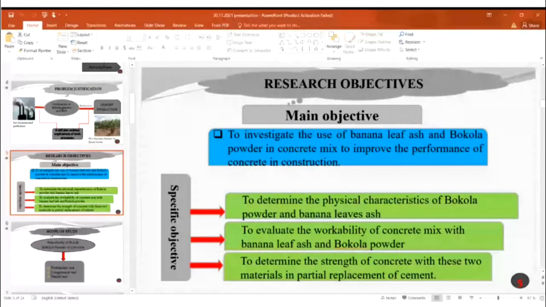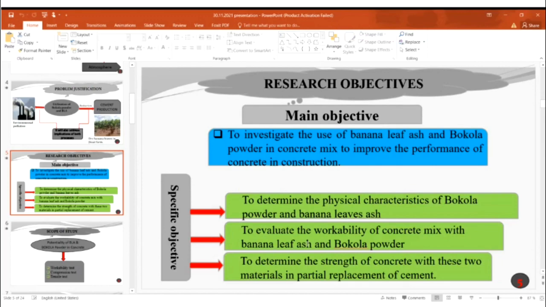The first one, the physical, you are talking about physical characteristics, not even mechanical. Then we come to workability, so we move to concrete. So I believe it's better to get a more convincing gap. The gap you are stating, to me, is not very convincing. You get my concern?